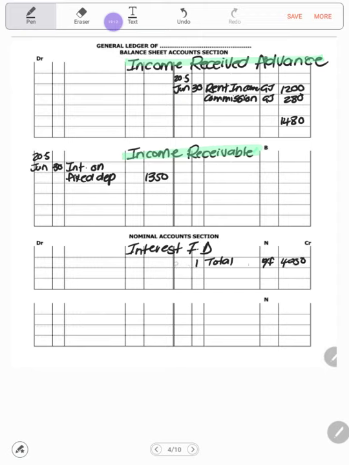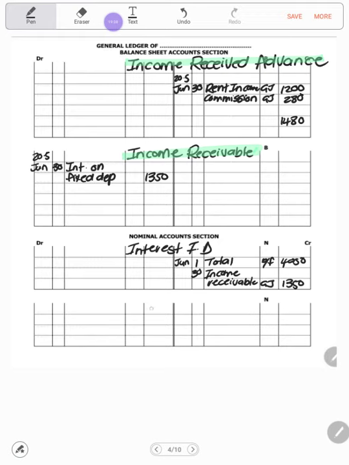This was on the 1st of June, 20.5, and then on the 30th, we established that it's income receivable that we still need to get, income receivable, GJ 1,350, and that's that.